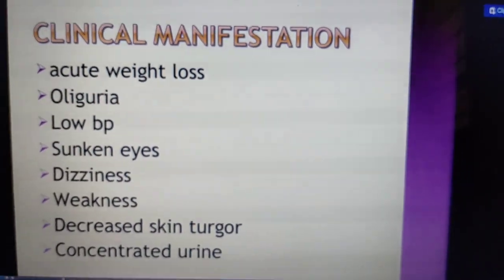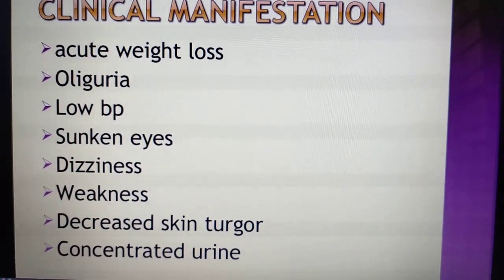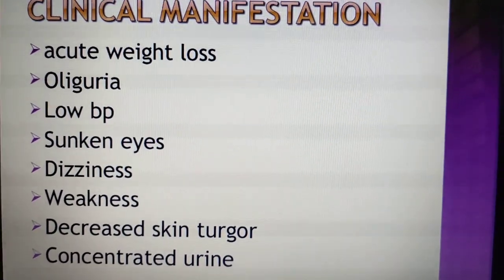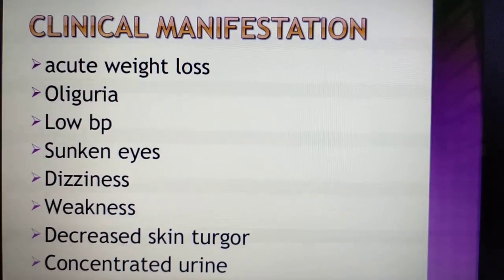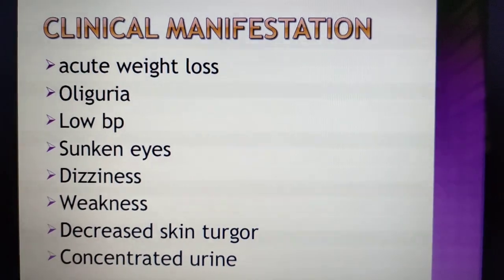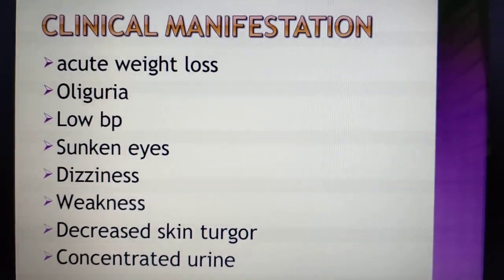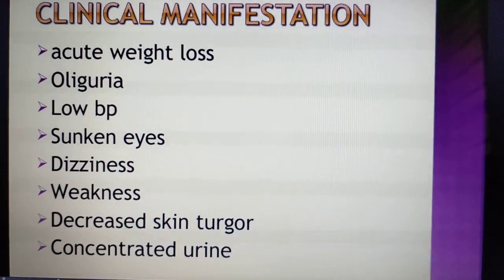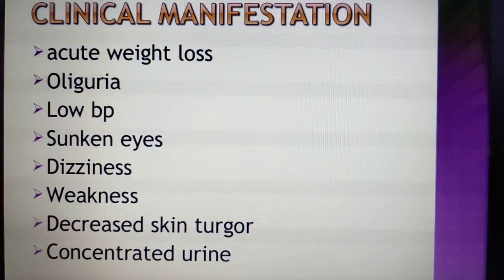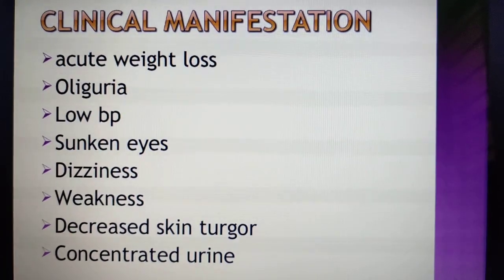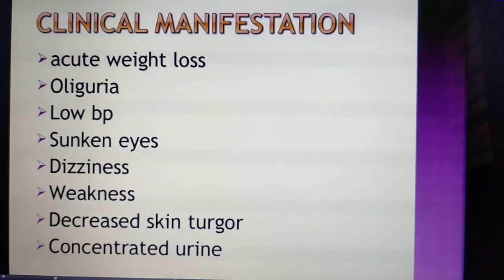What are the clinical manifestations? Acute weight loss, oliguria, low blood pressure, sunken eyes, dizziness, weakness, decreased skin turgor, and concentrated urine. What is the normal urine color? It's amber or straw color, isn't it? But in concentrated urine, the urine output is less, and the color of the urine is a very dark yellow, that we call concentrated urine.